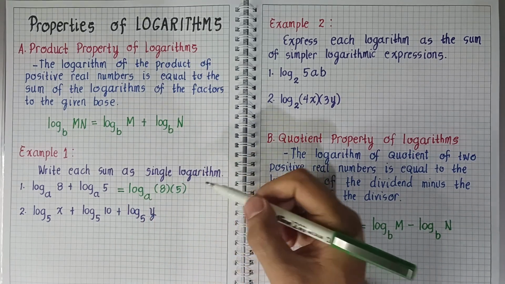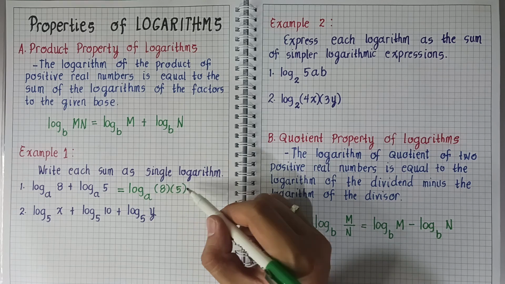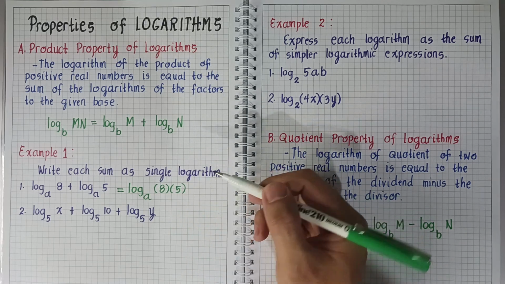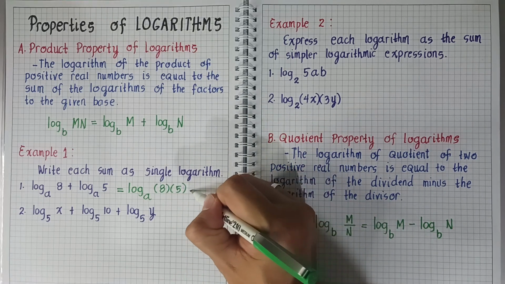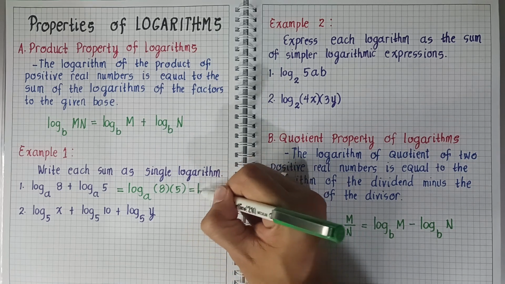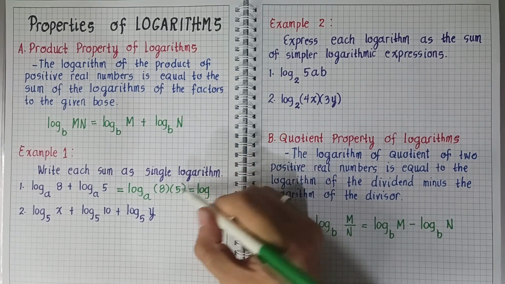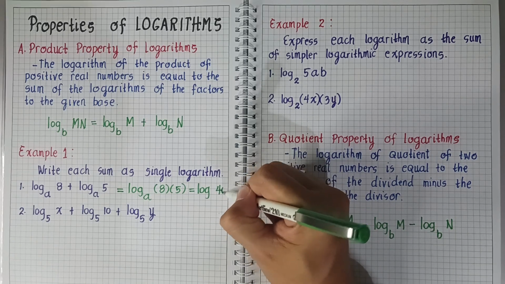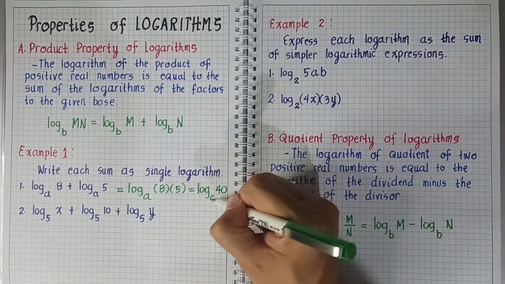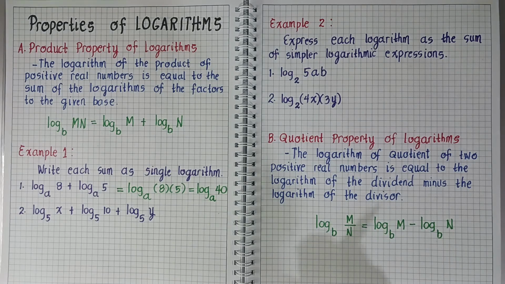Okay, it's not yet done, since we can still simplify 8 and 5, right? So, this becomes the logarithm of 40, right, to the base a. Okay? So, ganun lang kasimple, guys.